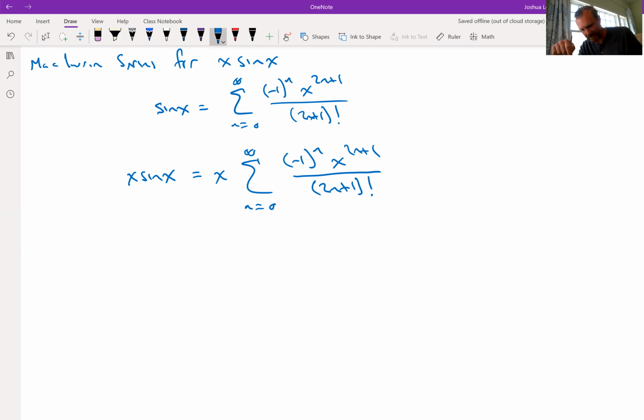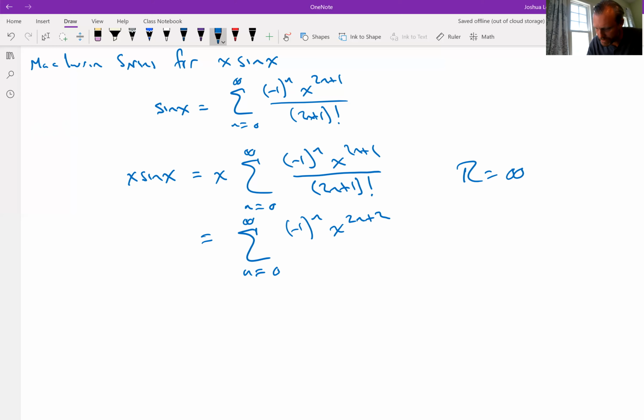Because really what I'm saying is that I'm distributing over an infinite sum. Well, I'm allowed to do that because what do I know about this series? It converges. The radius of convergence is infinity. This holds for all x. So I have x times some finite value. So it's perfectly fine to absorb x in here and get negative 1 to the n, x to the 2n plus 2 all over 2n plus 1 factorial.